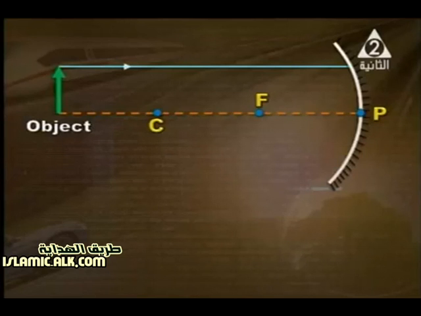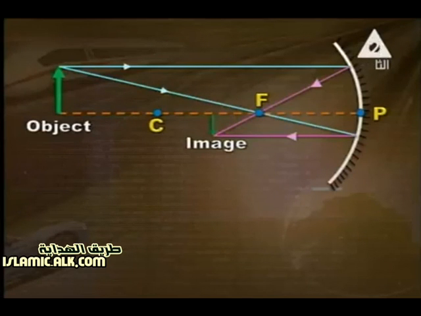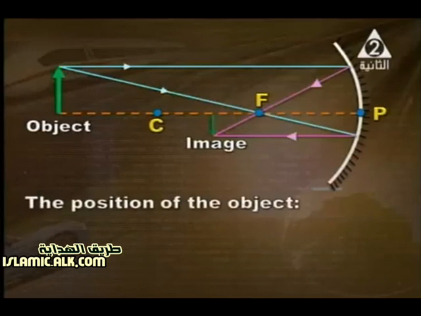This light ray will reflect passing through the focus of the mirror. Another ray passing through the focus will reflect parallel to the principal axis, so the image is formed between the center of curvature and the focus.